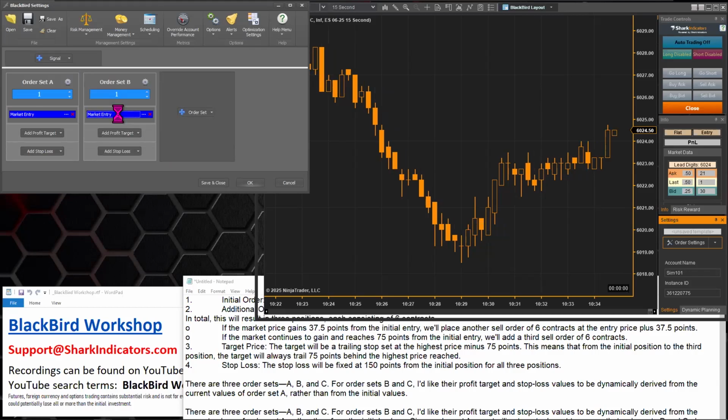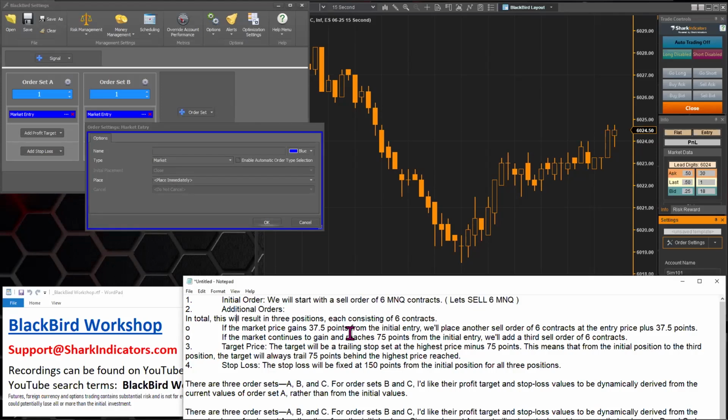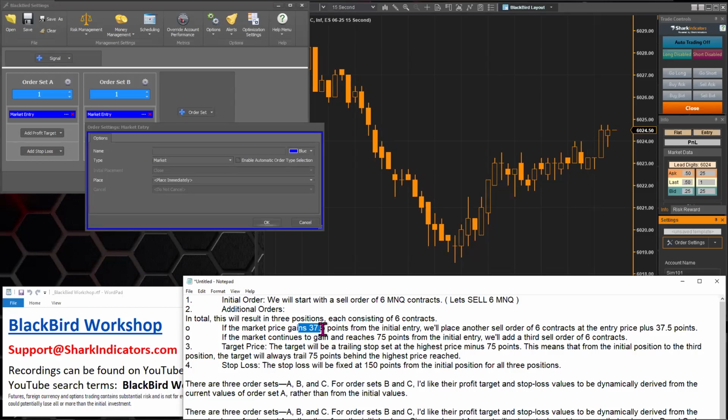If I do that, it gets a little more sophisticated, and I have to set up the placement option so that BlackBird is monitoring when the market pulls back 37.5 points.